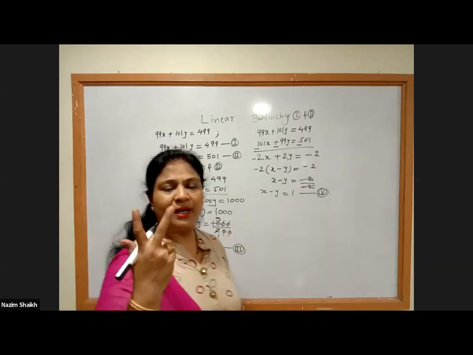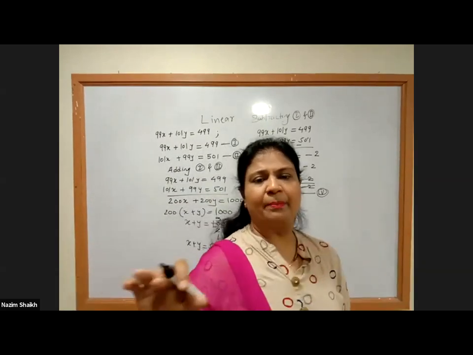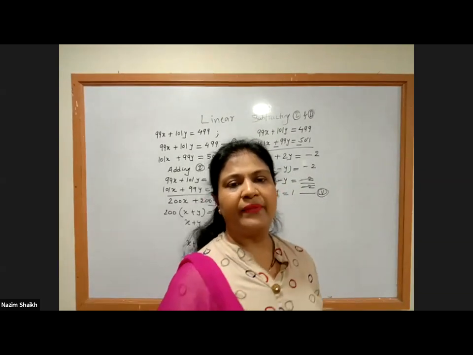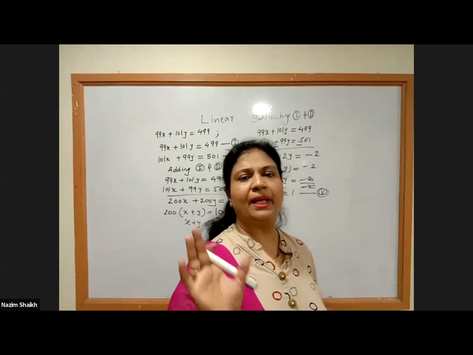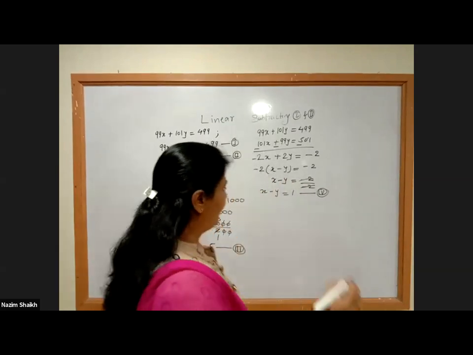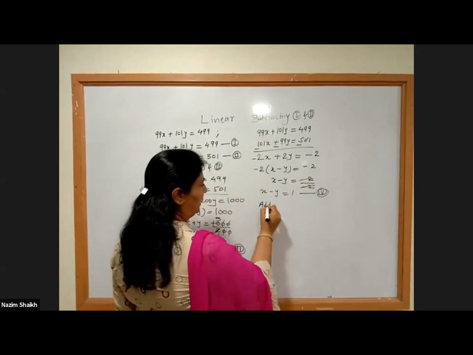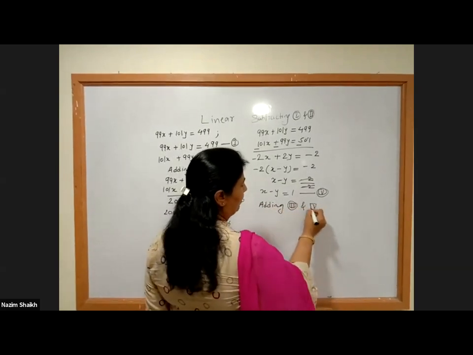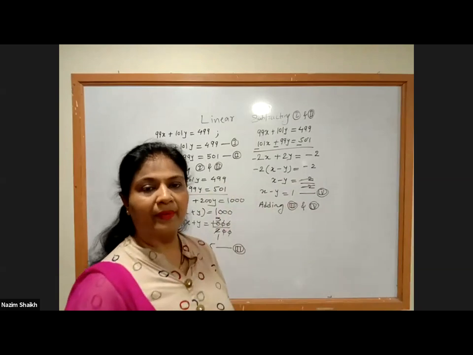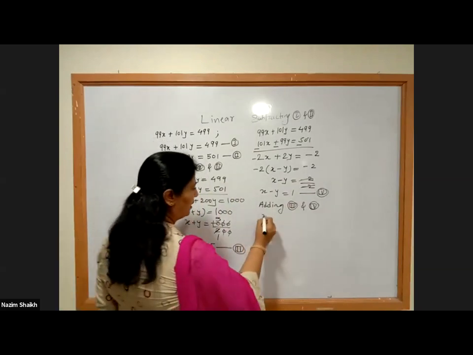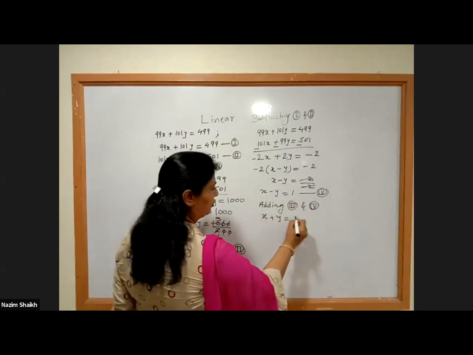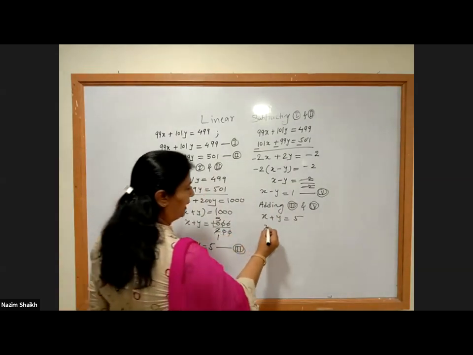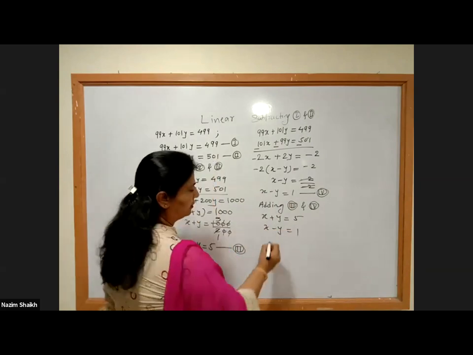Now when you have both equations in very simple form, the x plus y equation and x minus y, then you have to do nothing but simply add them. Correct? So adding equation 3 and equation 4. What will I get? x plus y is equal to 5 and x minus y is equal to 1.